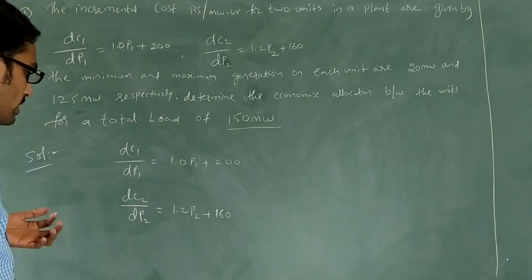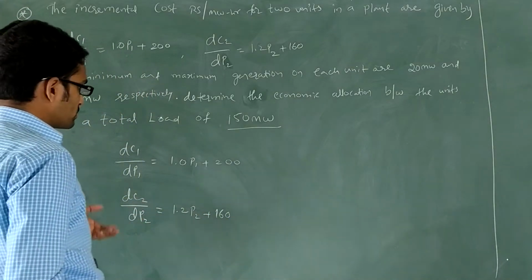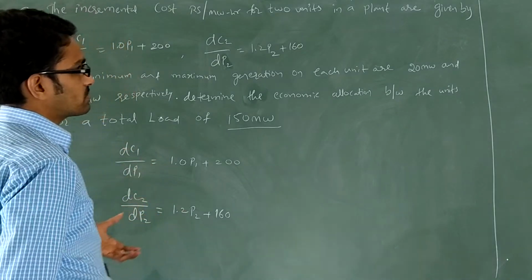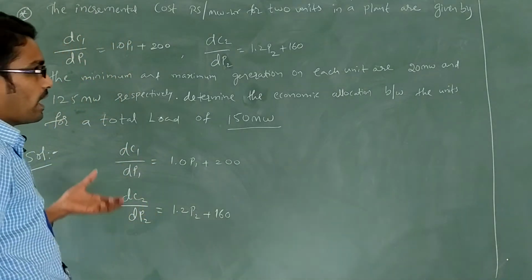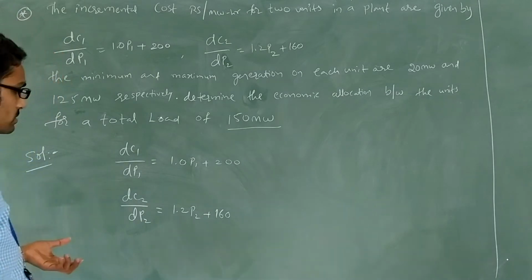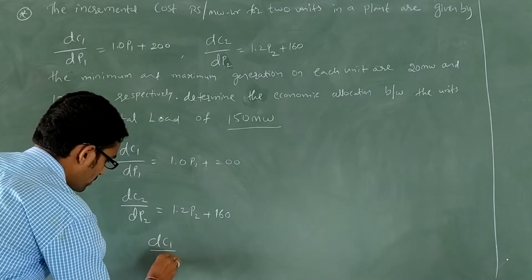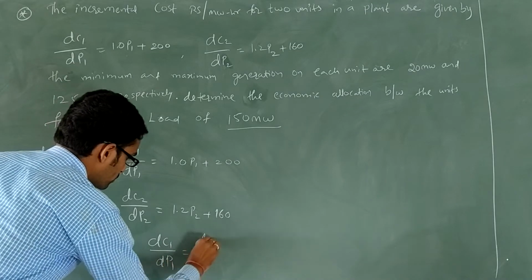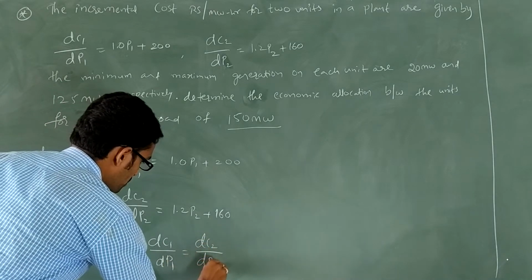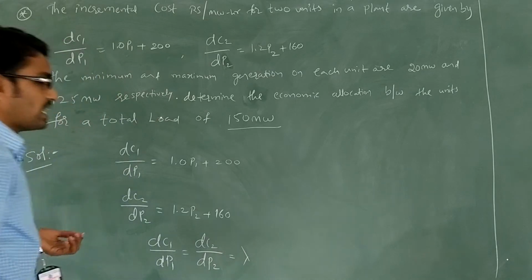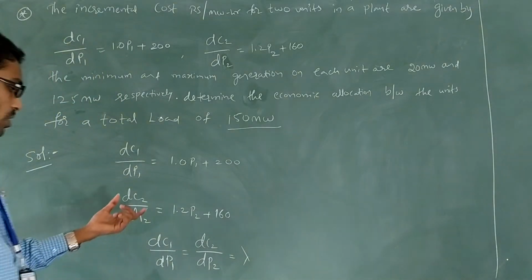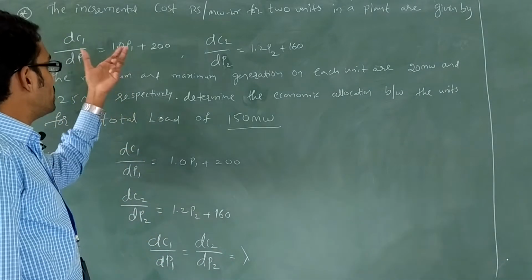These are the given data, and for economic load dispatch without losses, the equation is dC1/dP1 = dC2/dP2 = lambda. That means you have to equate the given equations.